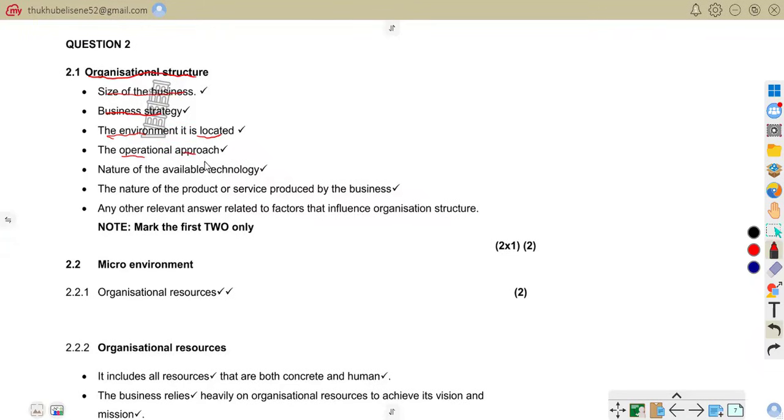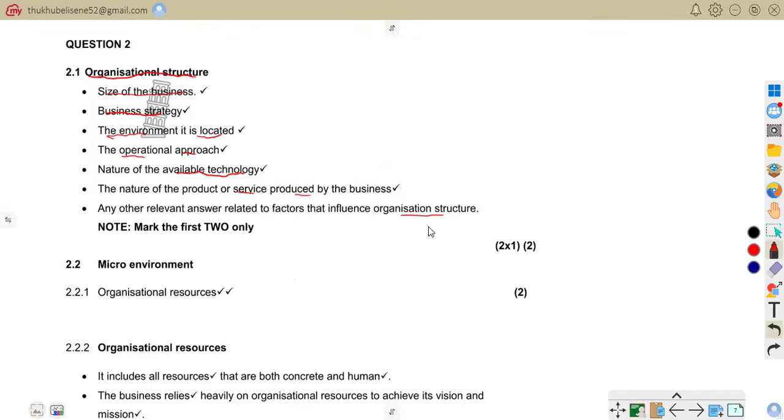Also the operational approach of the business determines the organizational structure. The nature of the available technology that the business is going to use is as well determining the organizational structure, and so is the nature of the product or service produced by the business. So any relevant answer related to these factors influencing organizational structure.